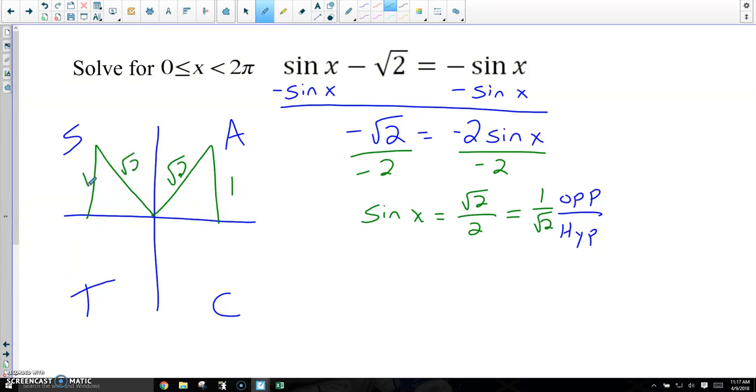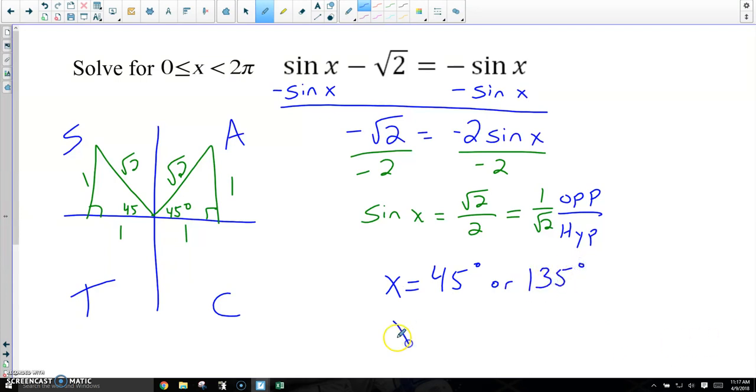If you did the Pythagorean theorem, square root of 2 squared is 2, 1 squared is 1, so 2 minus 1 is 1. That makes these 45 degrees. So we would get an answer of x equals 45 or 135.